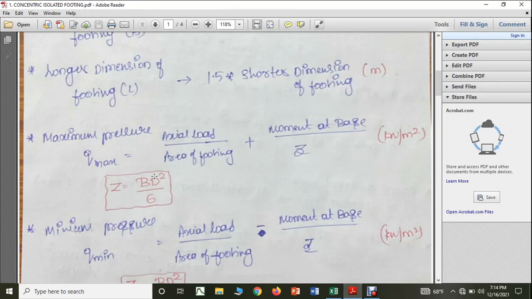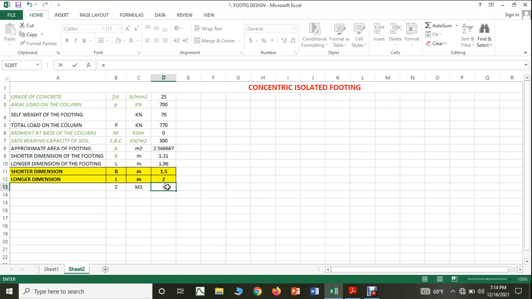So now first I need BD square by 6. What I can do, enter, I will give two boxes. First I will select B, multiplied by D square, close the bracket, divided by 6.